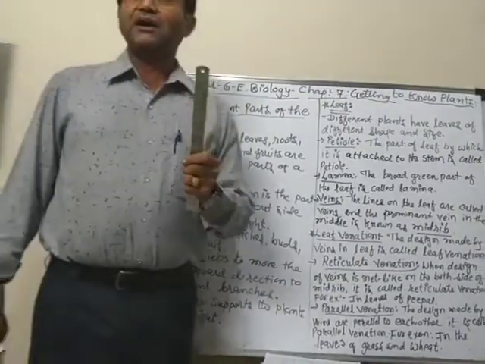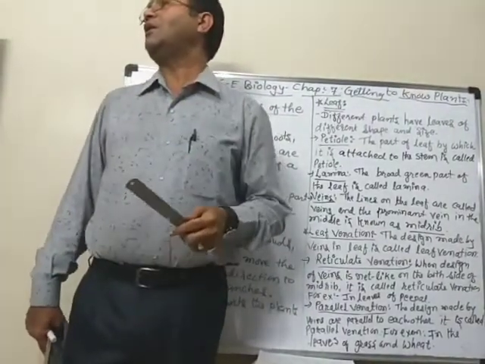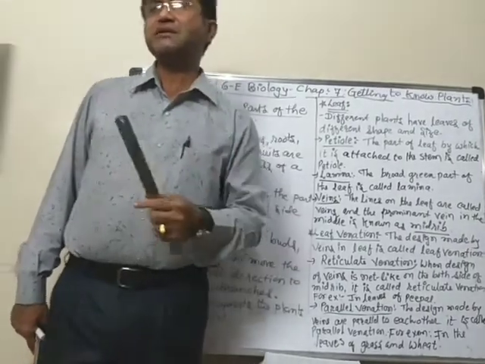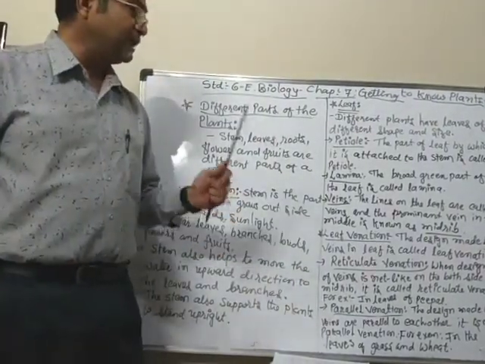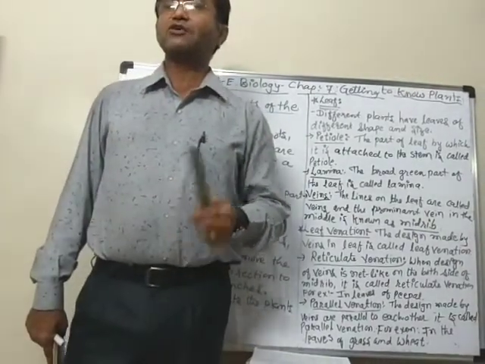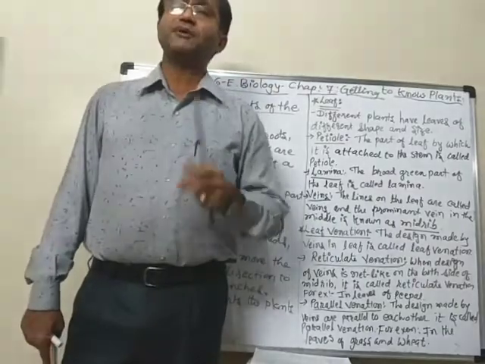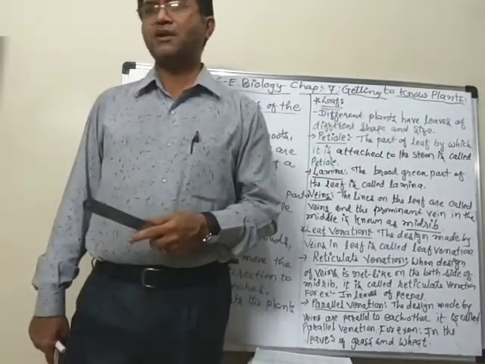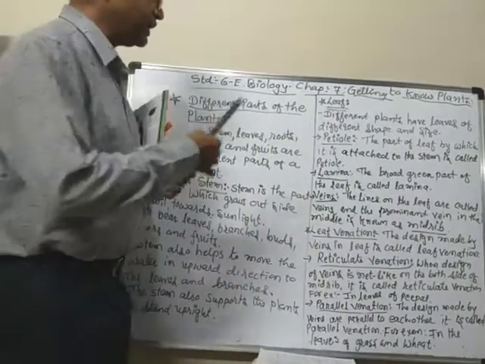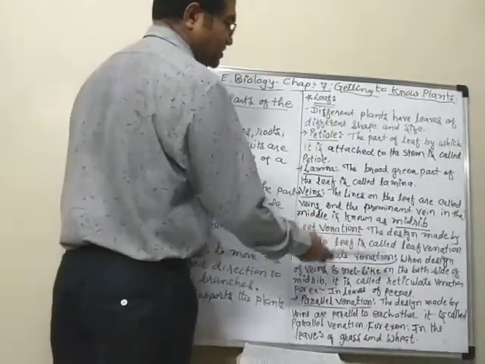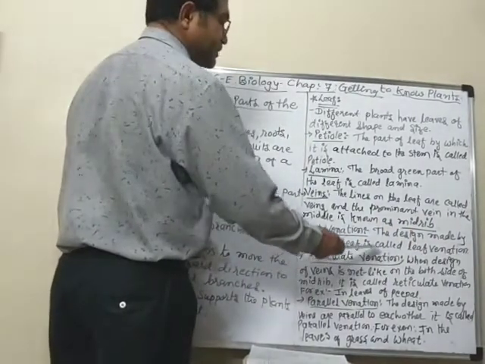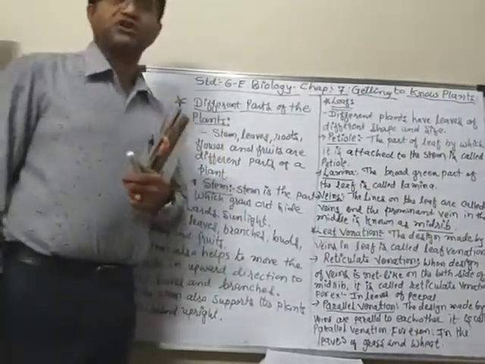Now, if you watch different leaves, you will see that the designs made by the veins are of different types. There are mainly two types of design, and that design is known as leaf venation. What is leaf venation? The design made by veins in a leaf is called leaf venation.